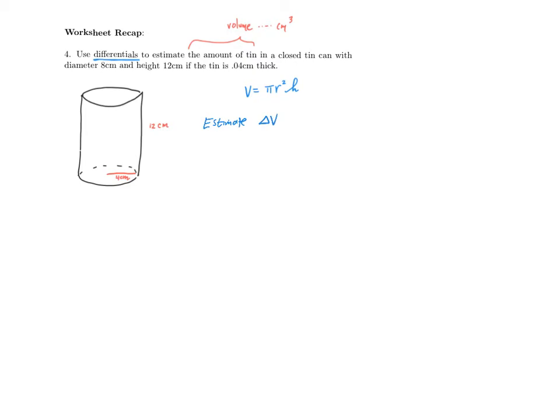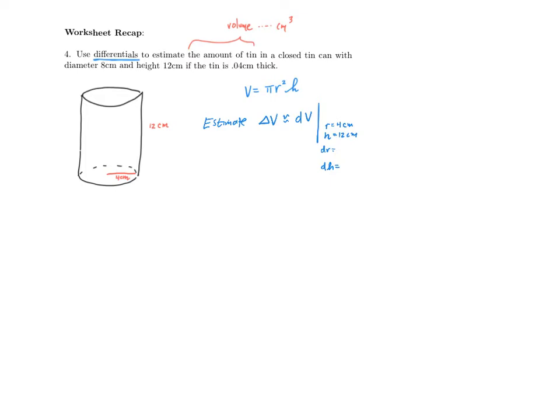the can. So in our case, what we are going to do is estimate the true change in volume associated with the thickness. So that would be approximated by dV, and what we want to know is precisely what is dV when r is 4 centimeters, h is 12 centimeters, we have a small change in radius and a small change in height.